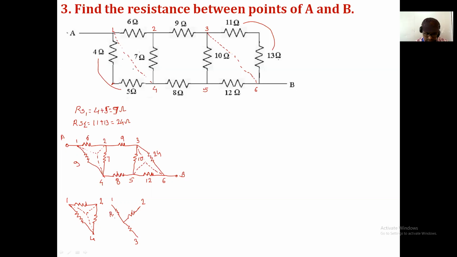Here I consider that this is R1, this is R2, and this one is R3.